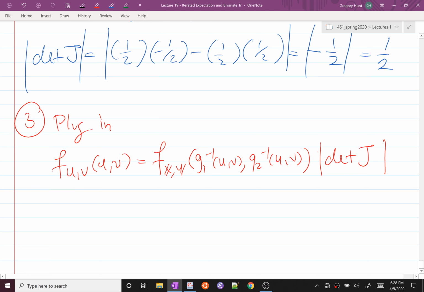Now we basically determined all these parts. We haven't actually specified what x and y are distributed as, so we can't totally solve this at this point. But it will be something. g1 inverse of uv is u plus v over 2. g2 inverse of uv is u minus v over 2. And the absolute value of the determinant of the Jacobian just gives us 1/2.